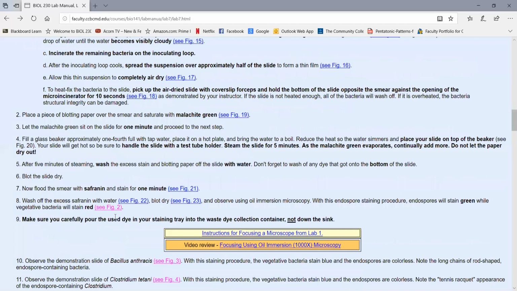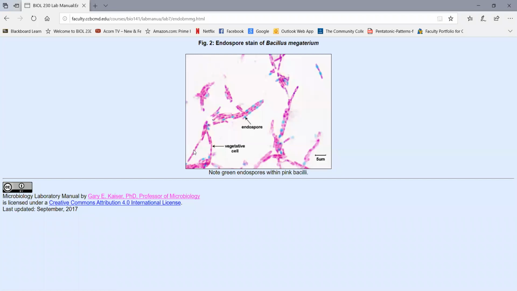So in this staining procedure, if we were to do it as we see in figure 2, the vegetative bacteria that haven't produced endospores yet, like we see here in figure 2, stain red. The remainder of the bacterium, the vegetative bacterium other than the endospore, stains red, but the endospores themselves stain green with malachite green.